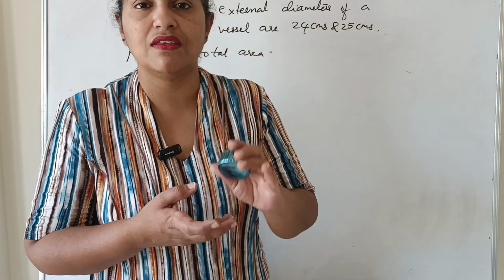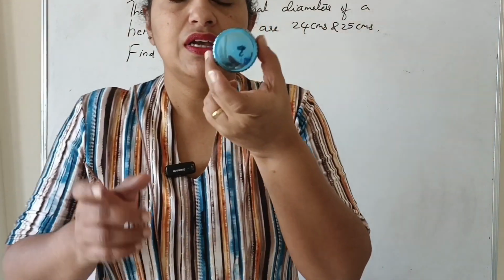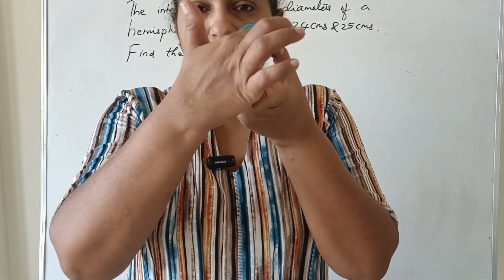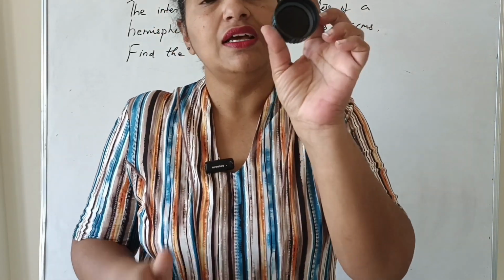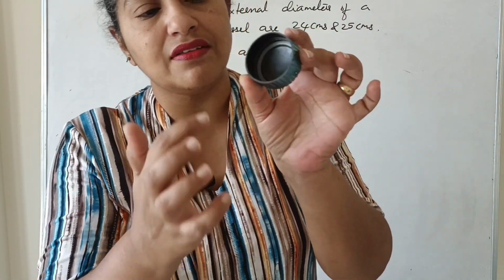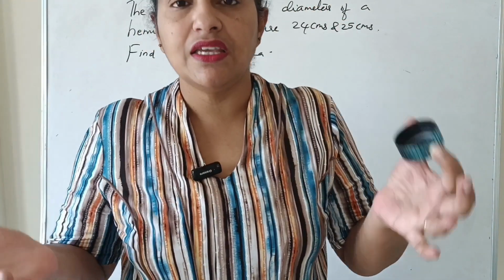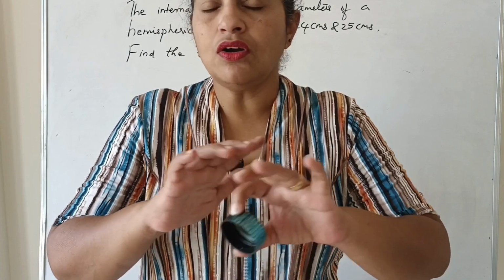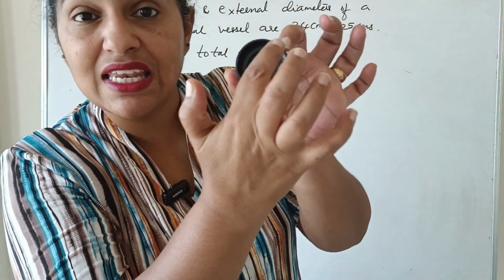See, suppose this is a hemispherical shell. Now in the previous sum we found out the external surface area and the internal surface area of the shell. They told us to ignore the edges. So this area we ignored. In this case they are not telling you anything like that, which means that I need to take into account this area.